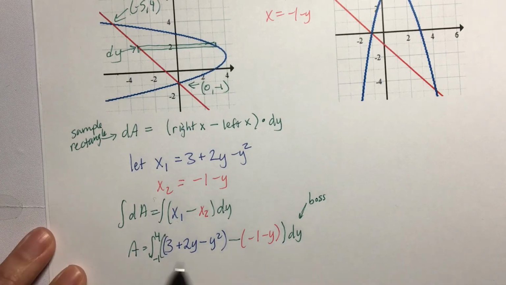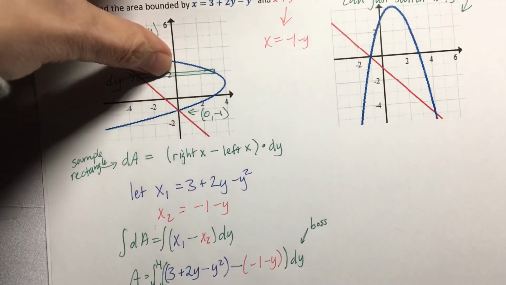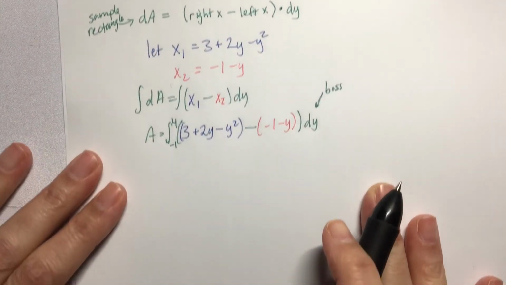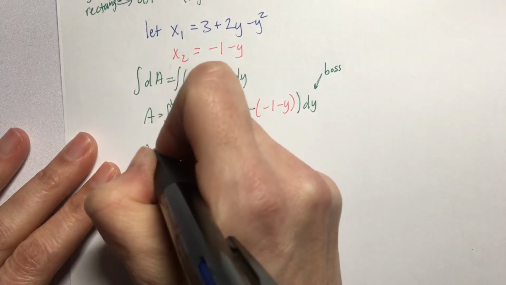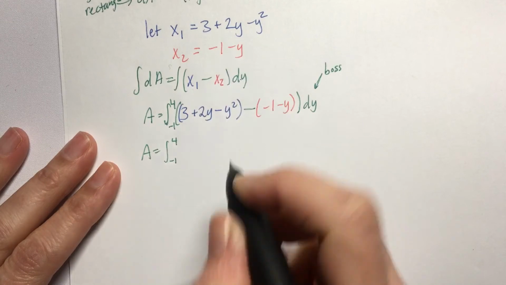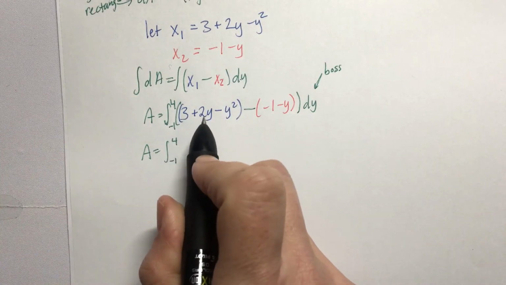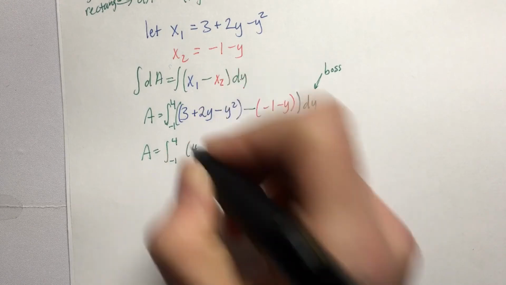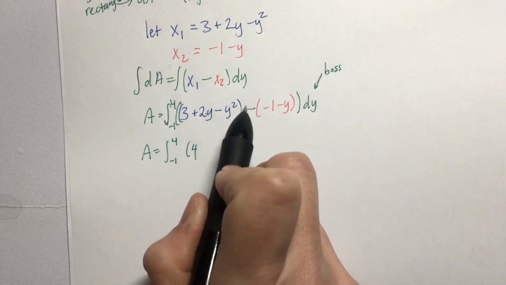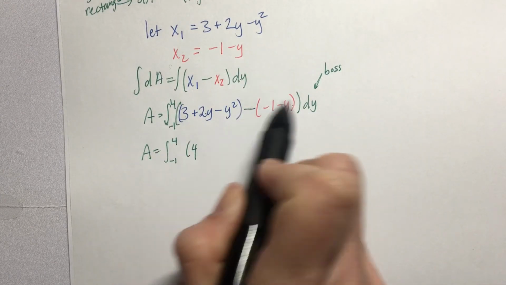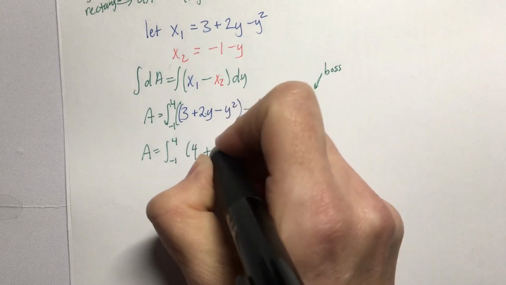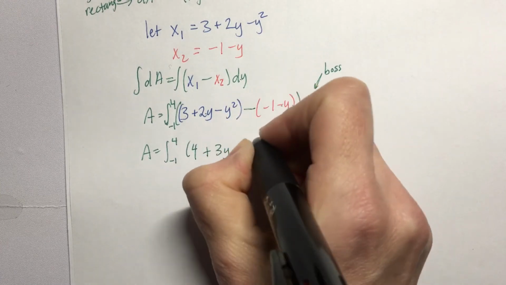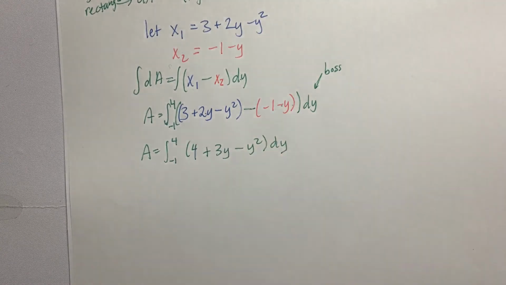Then I can clean it up a little bit and integrate it. So my area is the integral from -1 to 4. I'm going to clean this up, being really careful with my signs. 3 minus -1, so I have a 4. And then 2y minus -y, that's minus a negative, so plus, so 3y minus y squared dy.